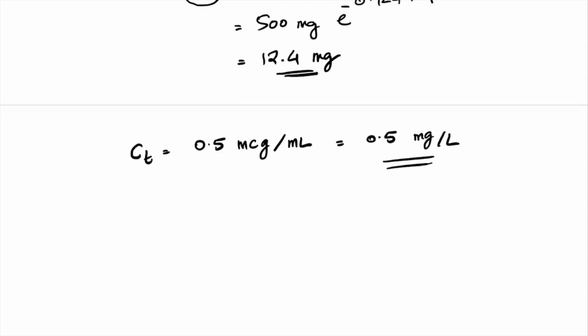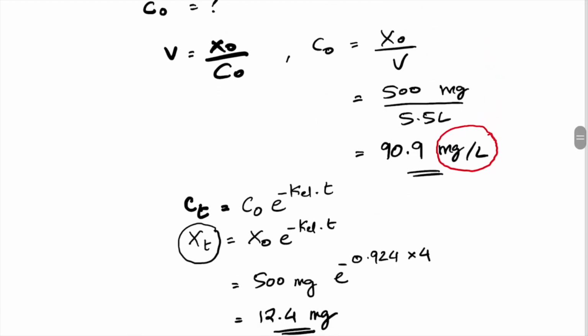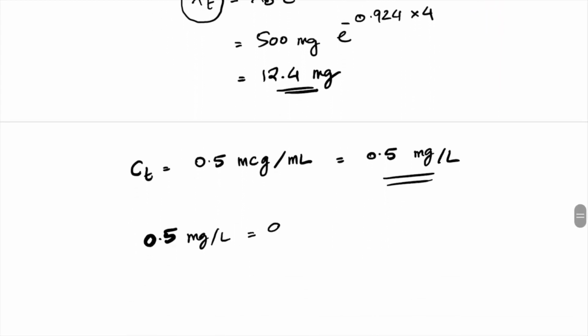So what is given is 0.5. I'm going to ignore the units when I write down this equation, is equal to C0, which was 90.9, times e raised to negative 0.924 times t.